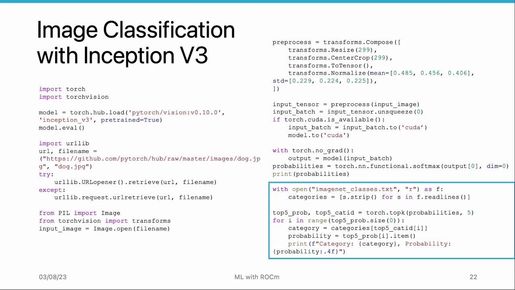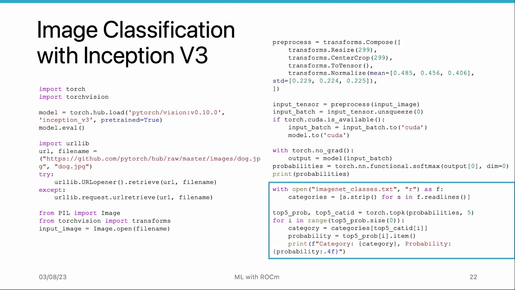Moving forward, we proceed to read the lines from the file and store them as categories in a list. Later, we utilize a function to extract the top 5 probabilities and their corresponding indices from the tensor of probabilities. These probabilities represent the likelihood of certain classes. To present the results in a more understandable format, we iterate over the top 5 probabilities.